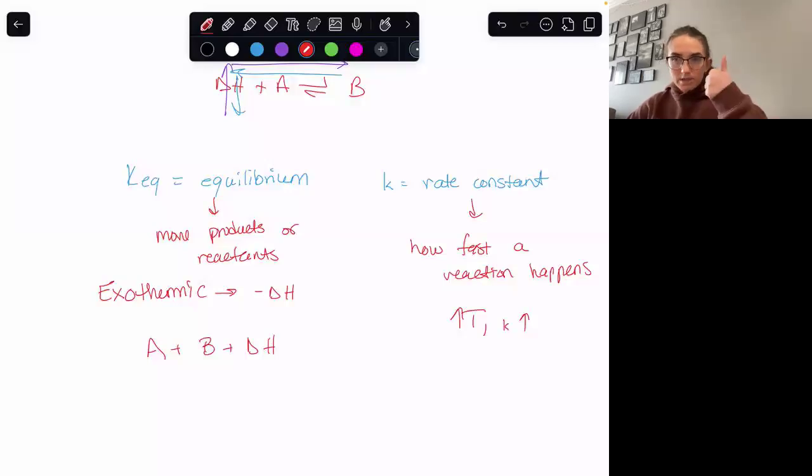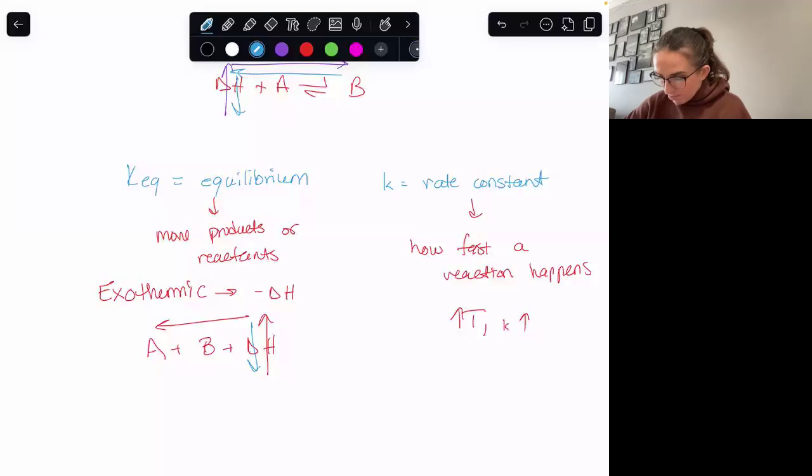So if you increase temperature, you're increasing delta H here, which means that we're going to shift towards our reactants in order to reestablish equilibrium. The reaction will be faster establishing equilibrium because we've increased temperature, and so therefore we've increased little k, but now we're going to have more reactants after the equilibrium is reestablished.